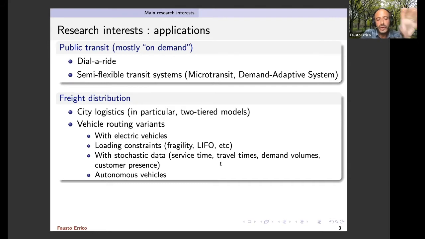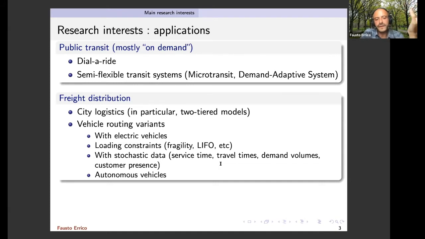And more lately, there are new issues of autonomous vehicles, where some of the decisions might be decentralized. Like here, in all of the previous 3 points, all the dispatch is done in a centralized way.